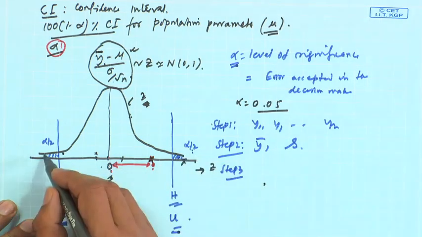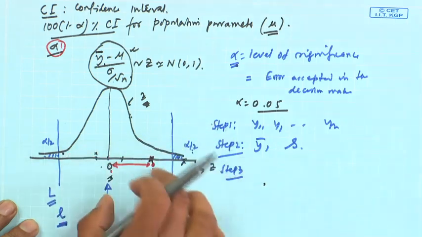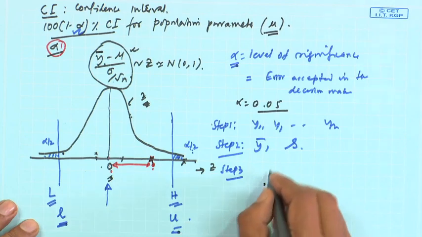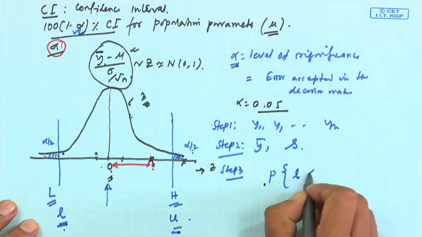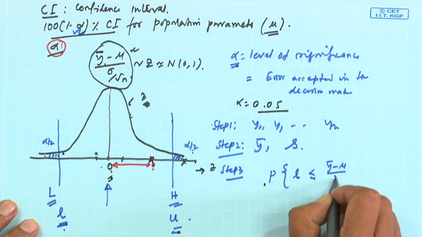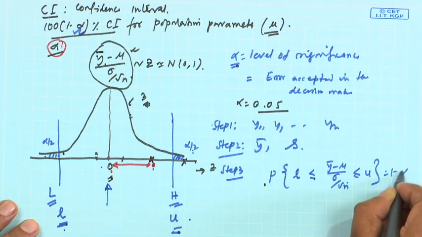If this is alpha by 2, and this is alpha by 2, the area under this curve is 1 minus alpha. So we are accepting that the probability of L less than or equal to (y bar minus mu) by sigma by root n, less than or equal to U, is 1 minus alpha.